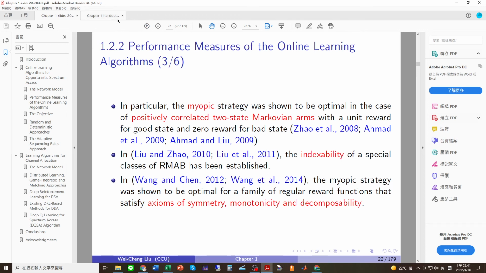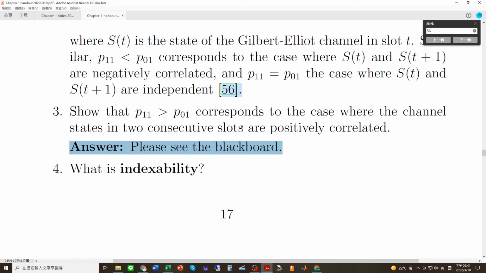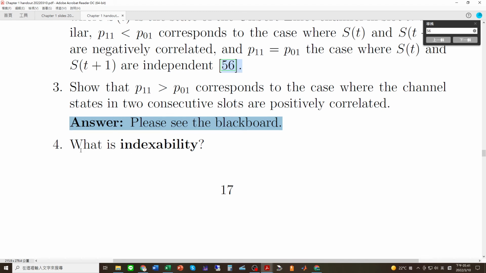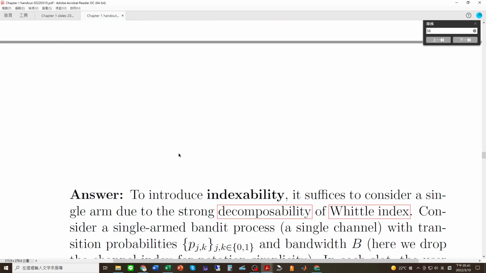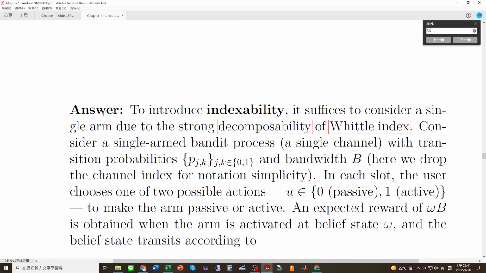Let us see the handout. What is indexability? Answer: to introduce indexability, it suffices to consider a single arm due to the strong decomposability of the Whittle index.